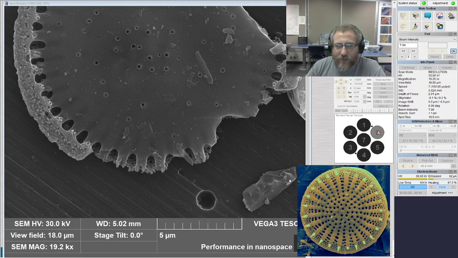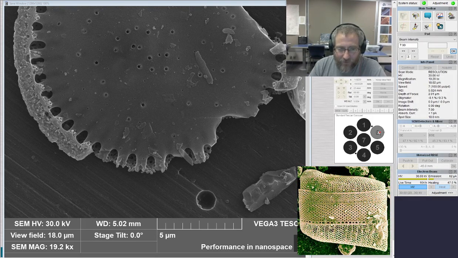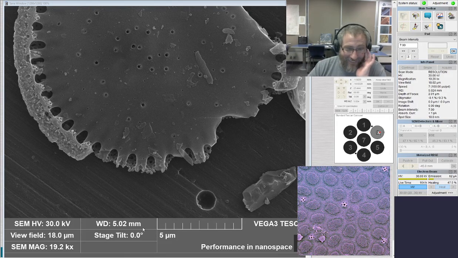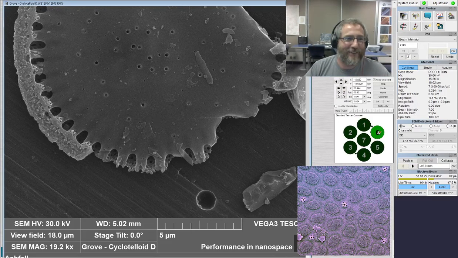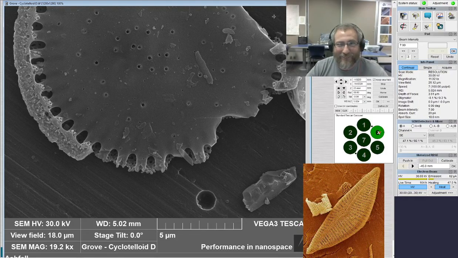There's just not a good solution for a lot of the cyclotelloids. They're a disaster. And they're a work in progress, that's what you're saying. Right. They need more salt. They're not done cooking.